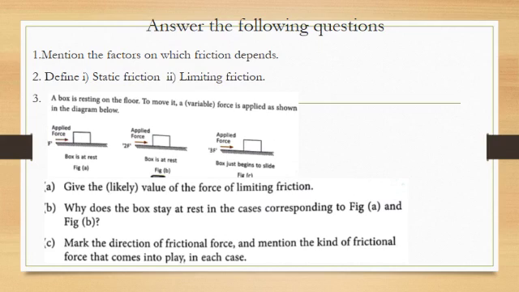To move it, force is applied as shown in the diagram. A, give the value of the force of limiting friction. B, why does the box stay at rest in the cases corresponding to figure A and figure B? C, mark the direction of the frictional force and mention the kind of frictional force that comes into play in each case.